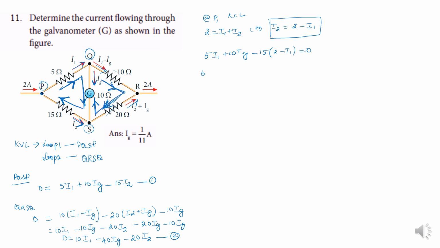So 5 I1 plus 10 Ig minus 30 plus 15 I1 is equal to 0. This is 15, this is 5. So 20 I1 plus 10 Ig is equal to 30.